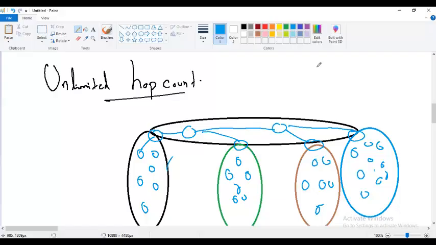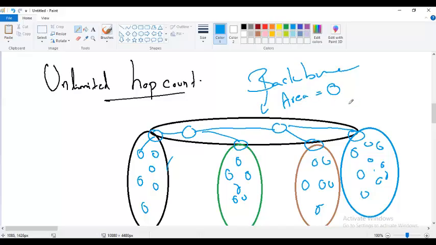This is what is called the backbone area. To identify this backbone area, number 0 is reserved. Area 0 means backbone. It is always 0. You cannot use any other number as a backbone.